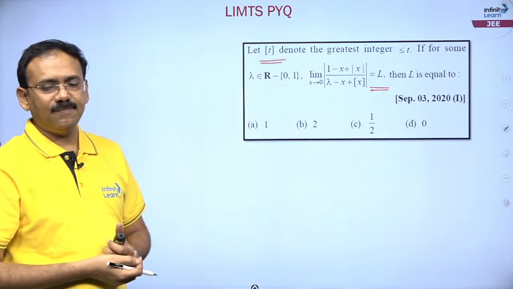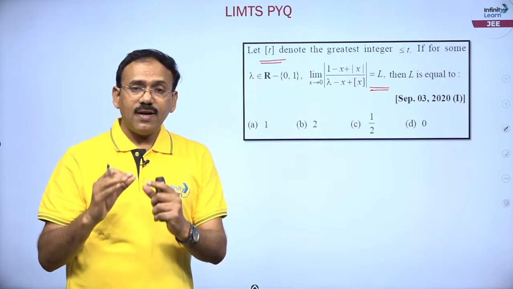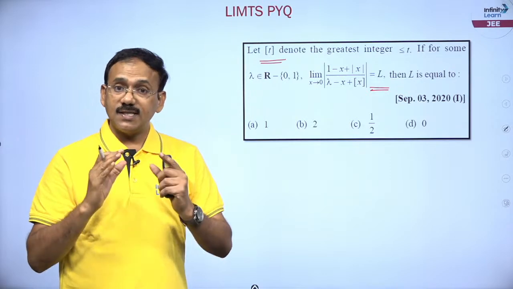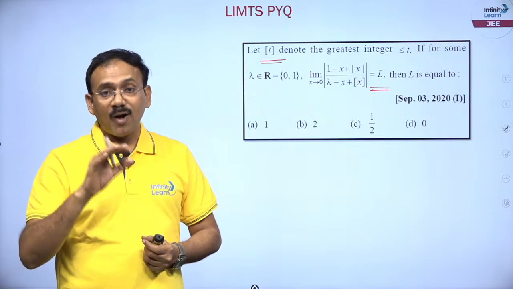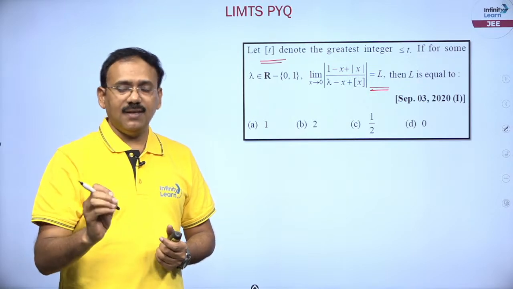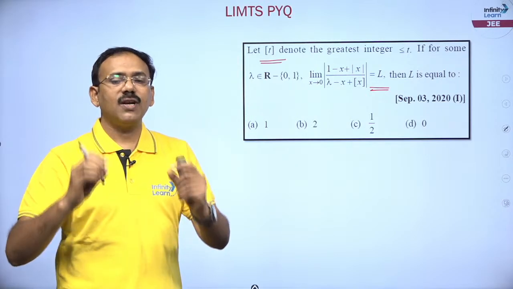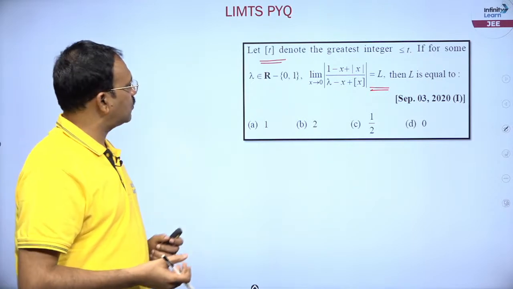Find L. Friends, I always feel whenever a problem is given based on the modulus function, step function, or fractional part function, the problem is going to be easy. Sometimes it may take a little time, but if you break the problem into pieces, you can definitely solve it.